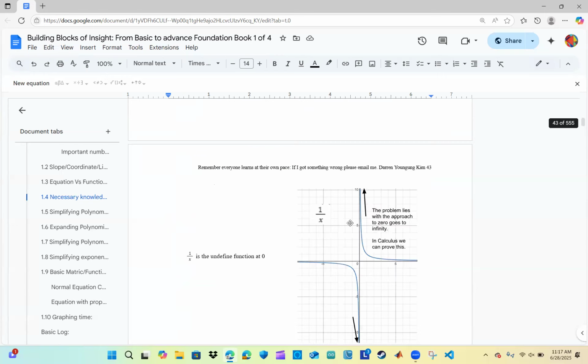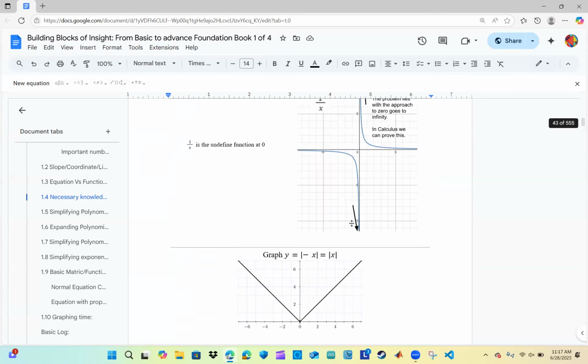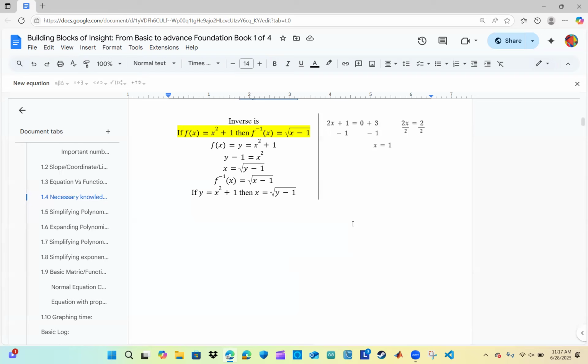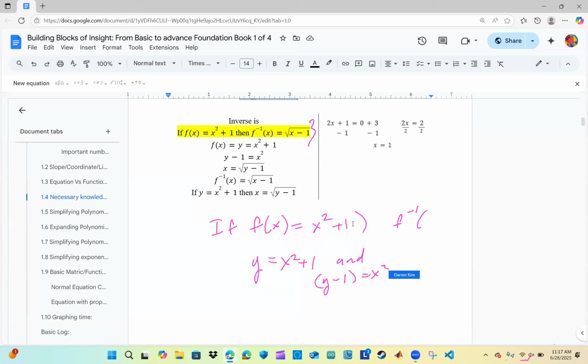And then we're doing inverse here. I'm going to explain in more detail because I'm going to have to change it a lot later. If we have f(x) equal x squared plus 1, and you want f inverse, we say y equals x squared plus 1, then y minus 1 equals x squared, and then x equals square root of y minus 1.